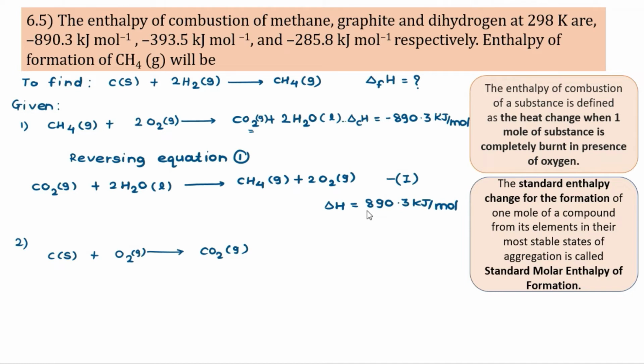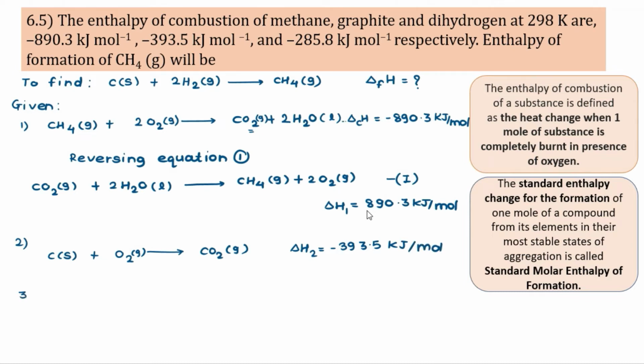Okay, this is combustion of graphite. So this reaction is balanced, and here I am writing delta H1, here delta H2 is equal to minus 393.5 kilojoule per mole.